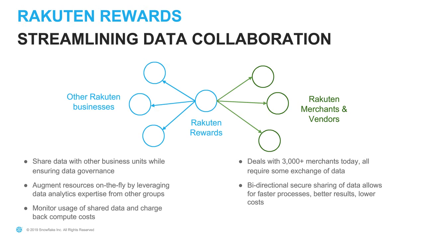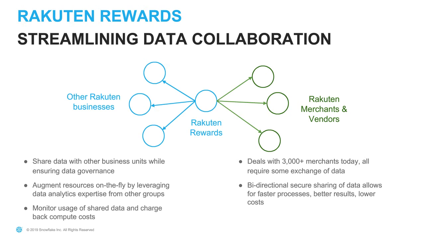Super exciting customer use case that really combines a private exchange of data with the more external exchange of data, all within one platform, all with the right resources, and each party doing their own analysis on the data without contention with one another. And then as soon as the data gets updated, all the parties that need to see this data can see the right data at the right time.